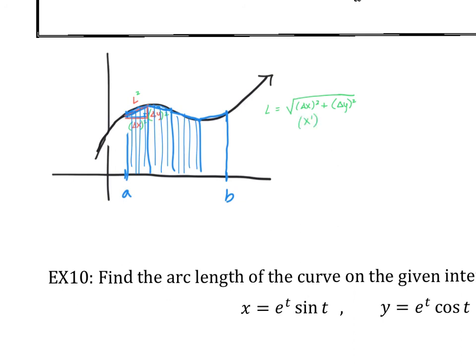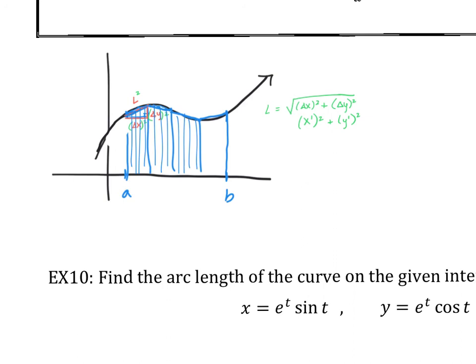And we're squaring that, plus the derivative of y squared. This is just a rough sketch, a rough idea. If you want a more formal proof of this arc length formula, there's a really nice one in your textbook.